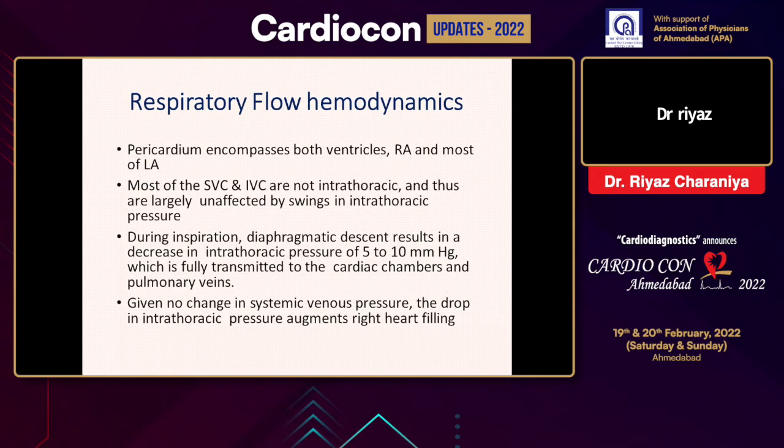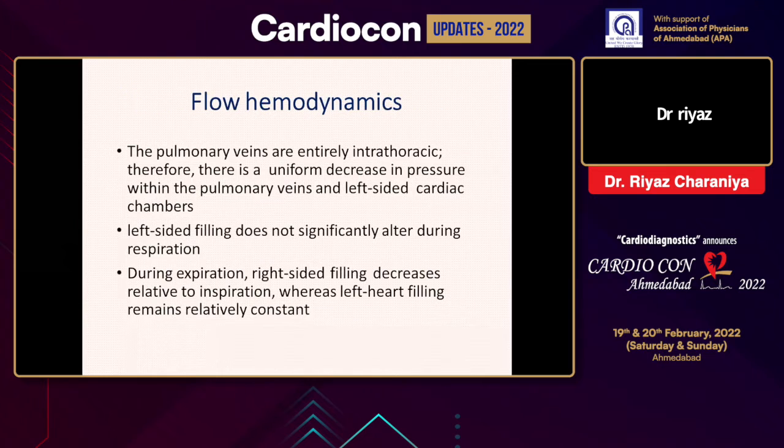Now what happens is during inspiration, there is a drop in the intrathoracic pressure, which is transmitted to the cardiac chambers and pulmonary veins. But there is no change in systemic venous pressure. So there is a gradient in the right heart filling, and this will cause an increased right heart filling in inspiration.